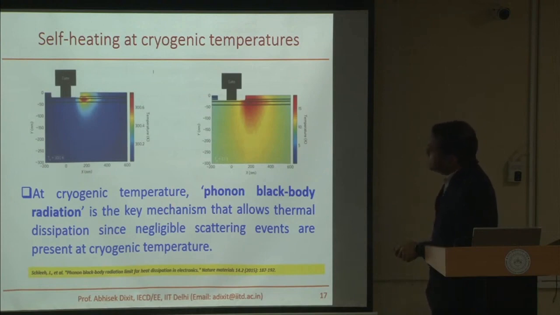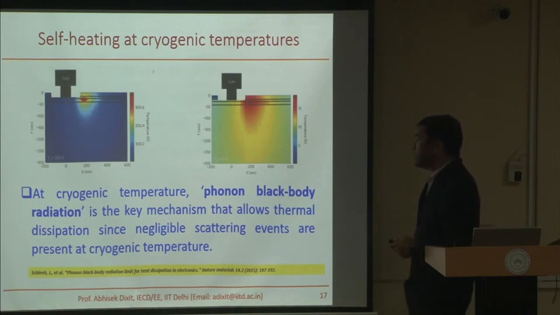Basically what they are saying is, since the phonons are not going to be scattered much, you are really talking about a concept of phonon black body radiation, where phonons have a very, very large mean free path and they carry the heat without much scattering, similar to what happens with photons. That's why they call it black body radiation. So this is the effective mechanism in the absence or almost absence of scattering events at cryogenic temperature.